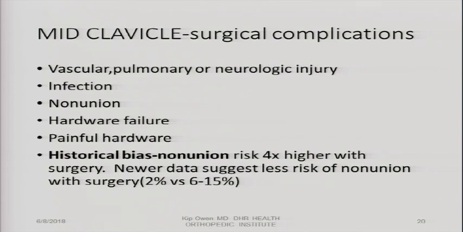I've already pointed out there were exceptions. However, newer data shows that the risk of non-union is actually lower with surgical fixation than if you go ahead and let it heal by natural means. Consequently, many more clavicle fractures are fixed surgically today than they would have been 20, 25 years ago.